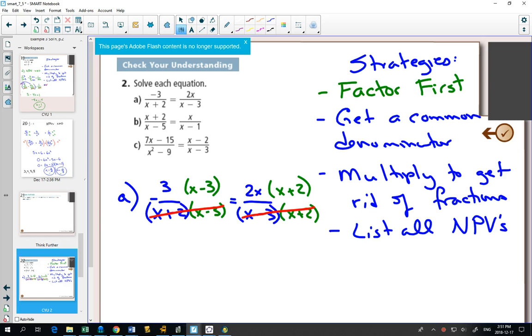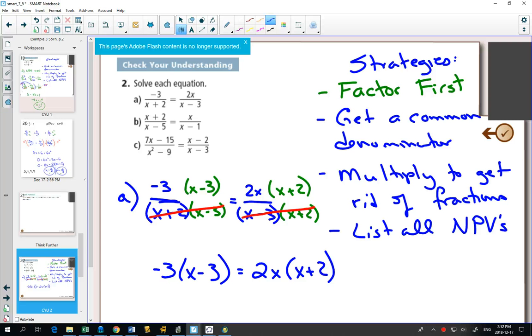If I multiplied both sides by x plus 2 and x minus 3, I would end up with 3 times x minus 3, 2x times x plus 2. Oh yeah, thank you, it's a negative 3. That negative would still be there. I should make that negative more obvious when I wrote it to begin with.